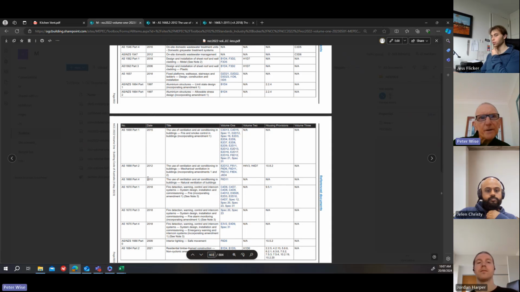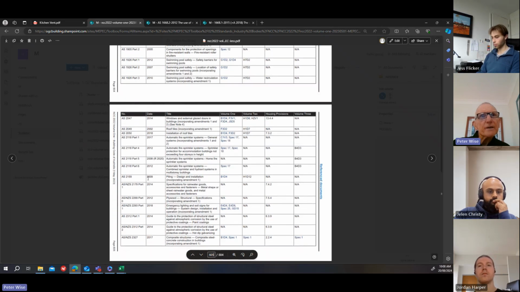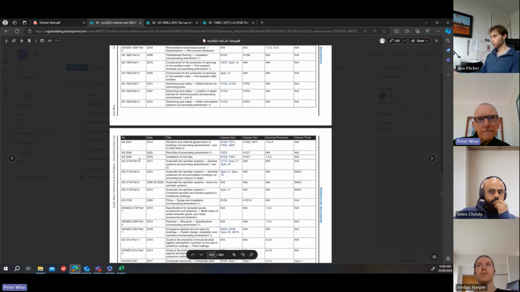Now, you might find that some documents are not referenced in here, for instance, AS 2107. See if you can find that. We go down and it's not there. Does anyone know what AS 2107 is? Okay, well, I don't expect you to, but it happens to be the Australian standard for acoustic recommendations for different types of spaces.